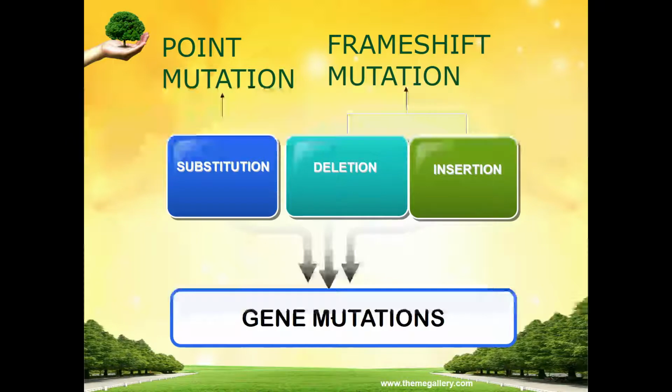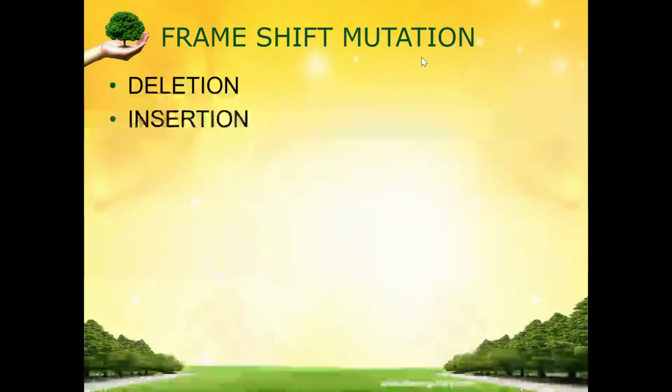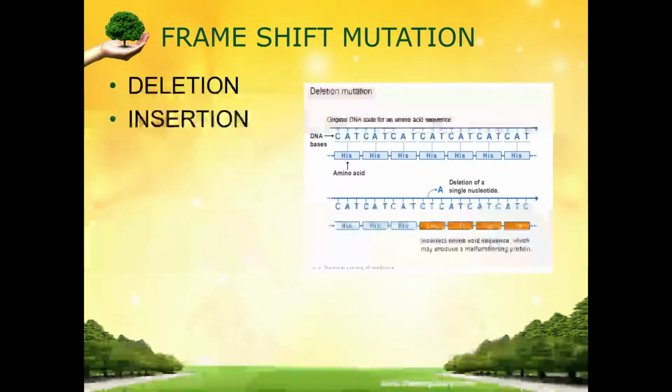The resulting protein is usually non-functional. This way, insertions and deletions can all be frame shift mutations. As we can see in this image, deletion changes the number of DNA bases by removing a piece of DNA. Small deletions may remove one or a few base pairs within a gene, changing the gene's reading frame.